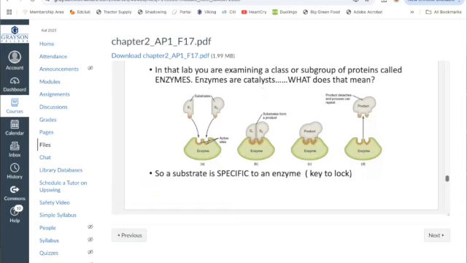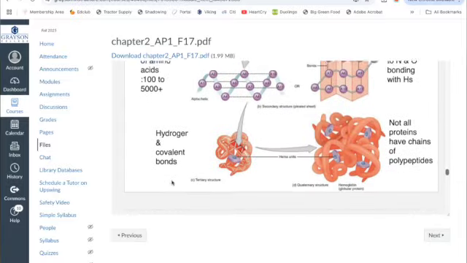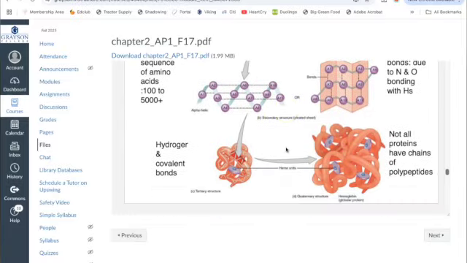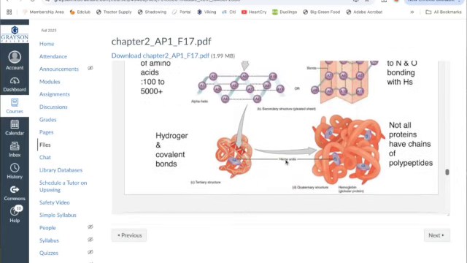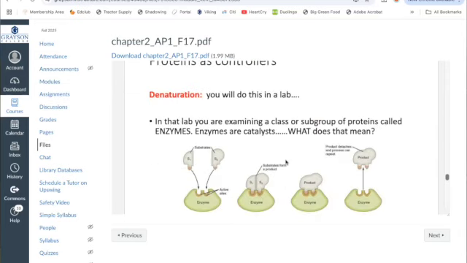So going back to this, don't forget each protein has a unique shape. The shape of the protein dictates its function. Okay. For example, a fork. You don't use a fork to drink soup, because the function of the fork is to poke your food.